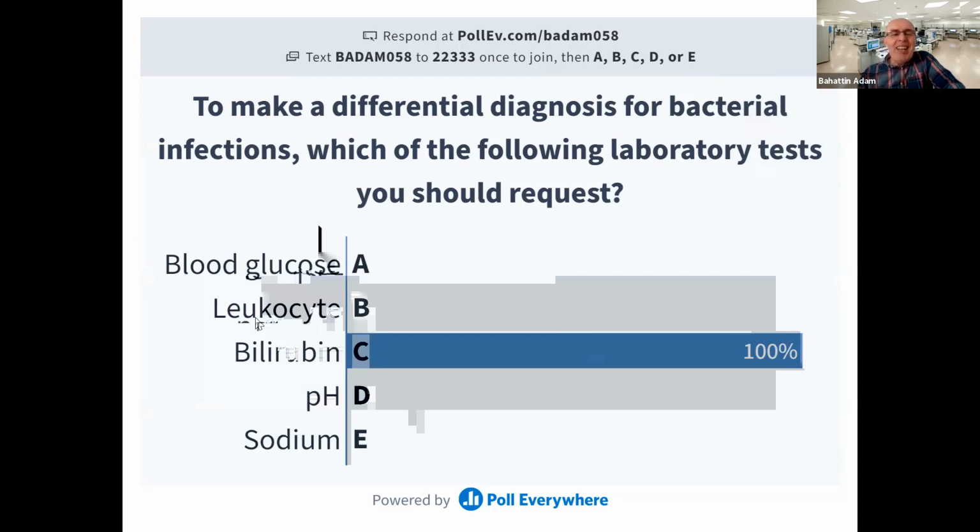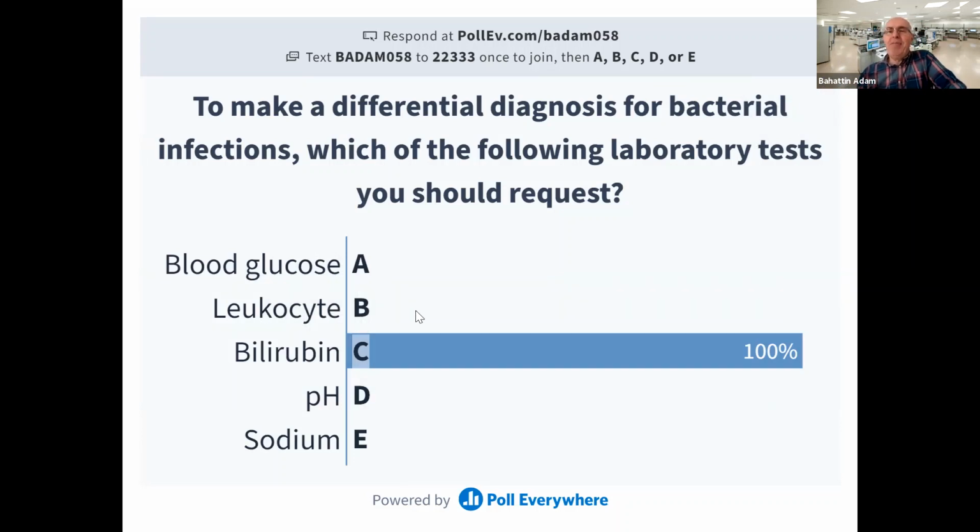Leukocytes are the cells which fight bacteria mainly. The correct answer is B.